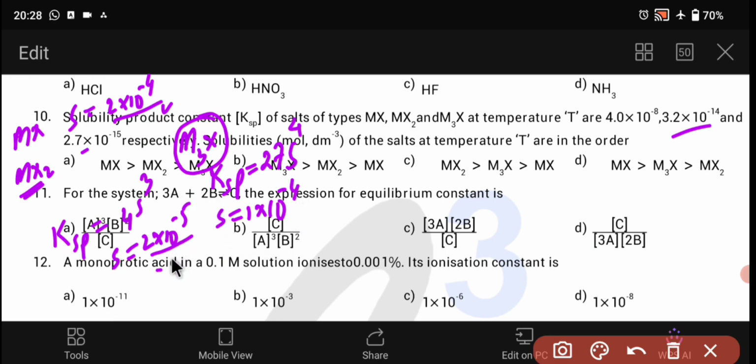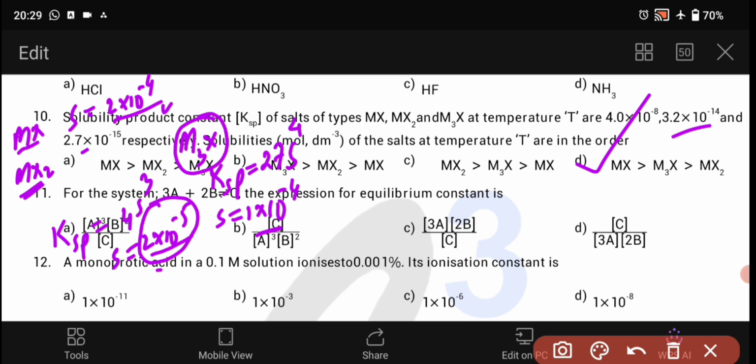So S is maximum for MX, then in the second order we have this value, and the third one is this value. So the correct option is first MX, then M3X, then MX2. So the correct option is D.